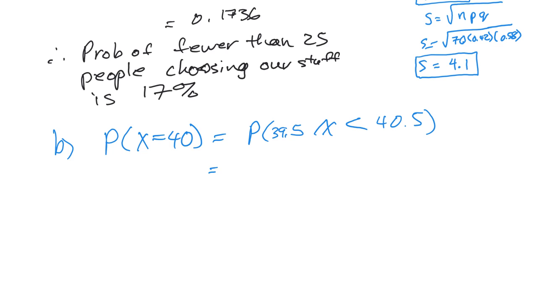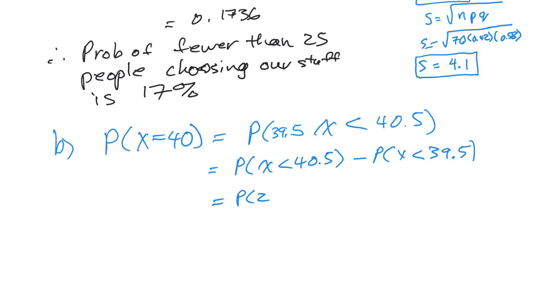So then you're going to take the probability of x being less than 40.5 and then subtract the probability of x being less than 39.5, which gives us these probabilities with our z-scores of z being less than 2.71 and z being less than 2.46.